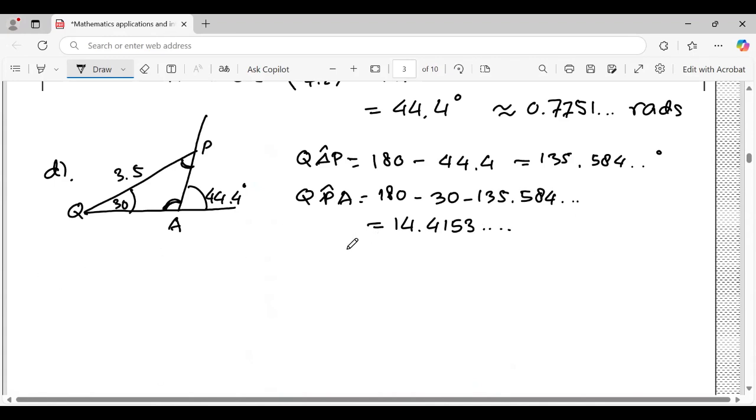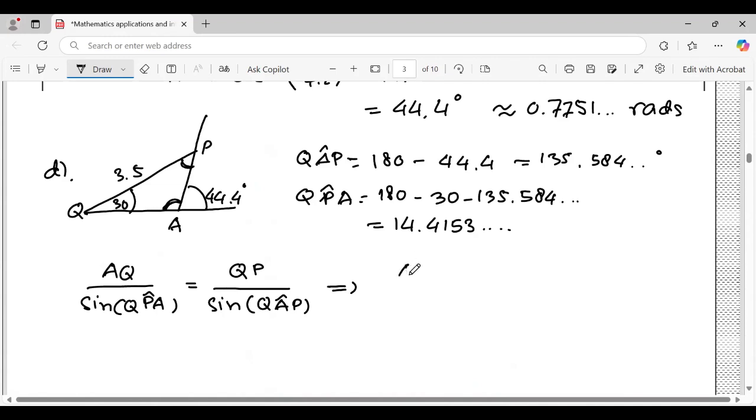And substitute this information into the sine rule. AQ over sine QPA equals QP over sine QAP.